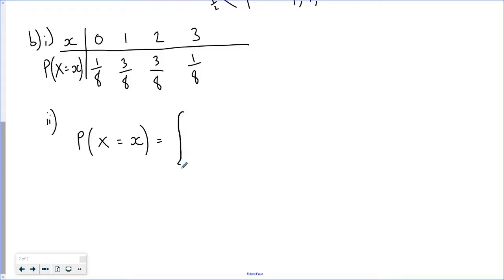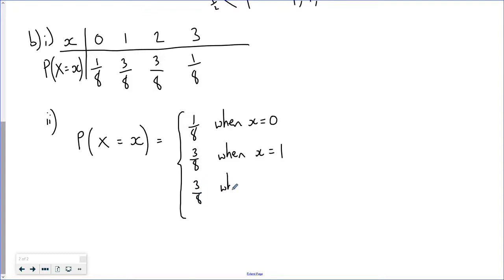So what we're going to do is write this using a big bracket like this, and we're going to say this probability is going to be equal to 1/8 if I put little x equal to 0. It's going to be equal to 3/8 if I put little x equal to 1, 3/8 when little x equals 2, and it's going to be 1/8 when little x equals 3.